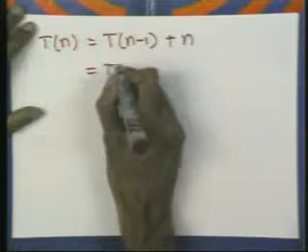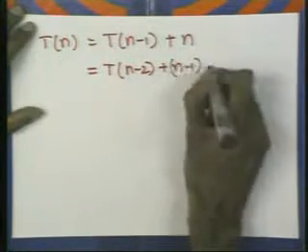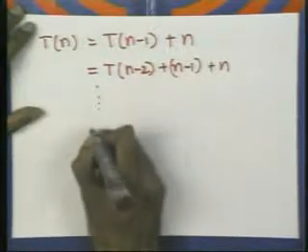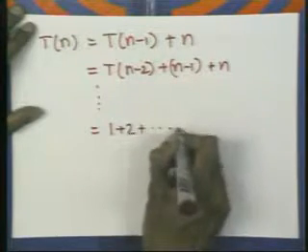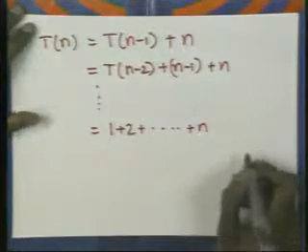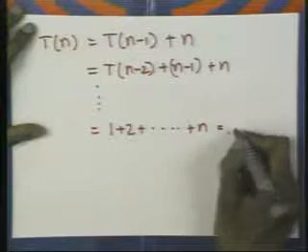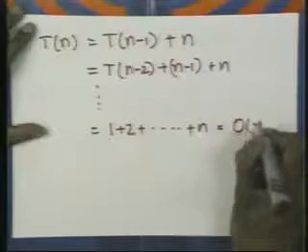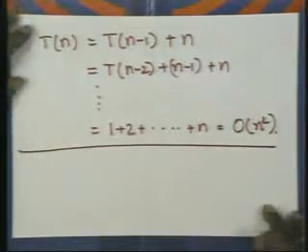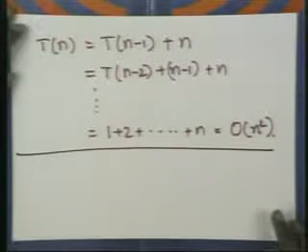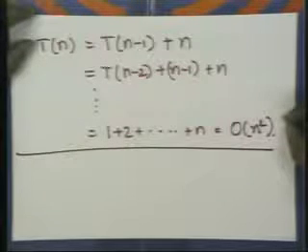Expanding further, it's T of n minus 2 plus n minus 1 plus n, and so on. It comes down to 1 plus 2 plus so on up to n, which is n times n plus 1 by 2. This is order n squared. So if the pivot turns out to be the minimum element each time, the total time taken is order n squared for quicksort.